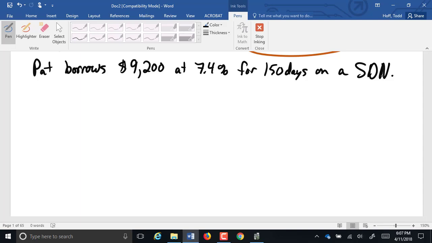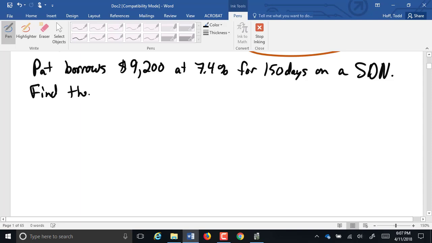So 150 days on a simple discount note. Find the effective rate.